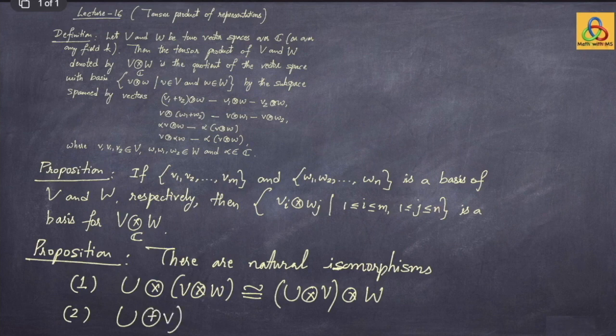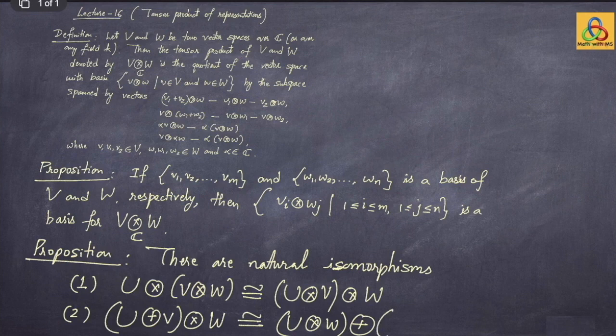(U direct sum V) tensor W is isomorphic to (U tensor W) direct sum (V tensor W). Alright, so with those properties in hand, let us develop it further.